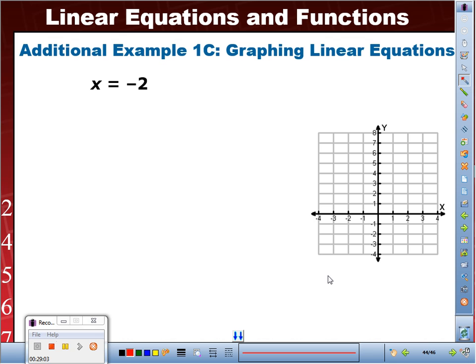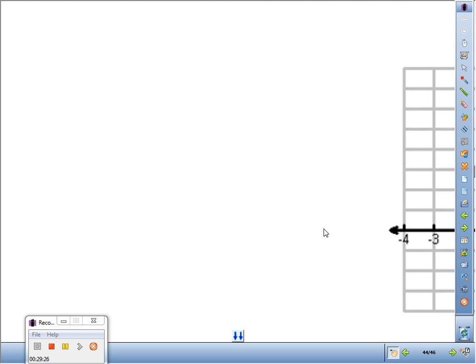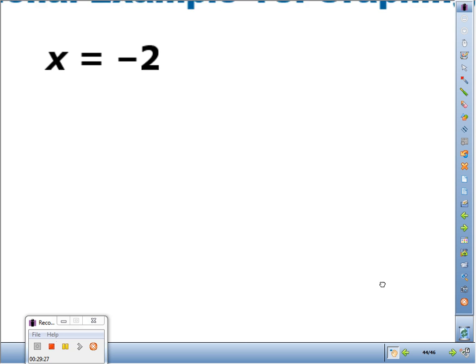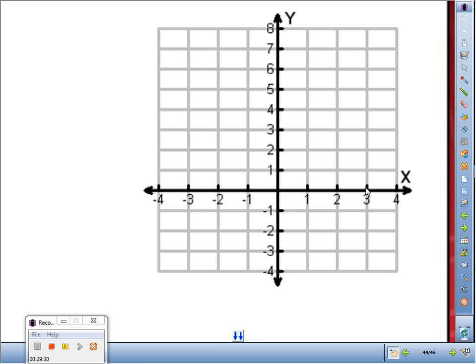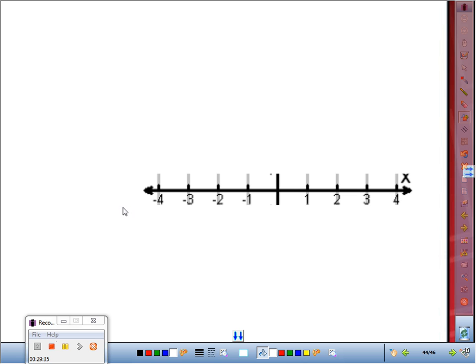Look up, please. Let me zoom in. What was the equation? X equals negative 2. If I was just to have a number line here, and I said graph x equals negative 2, where would you put your point?